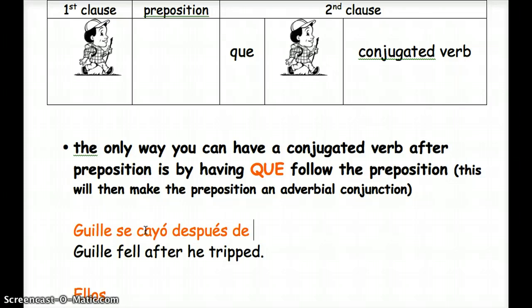Now to have a conjugated verb, I can't just say después de tropezó. It sounds okay in English if you translate it, Guille fell after he tripped, but grammatically, you cannot just have that conjugated verb there. To have the permission to have the conjugated verb, you need to include that word que. Que starts the new clause.